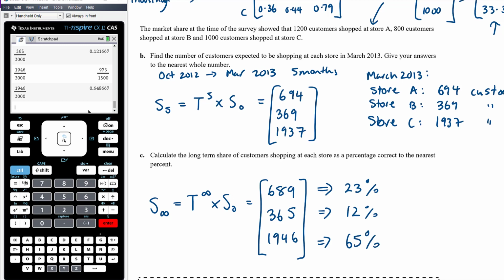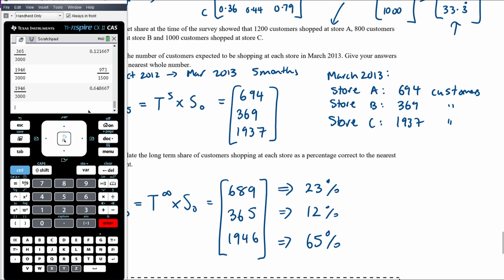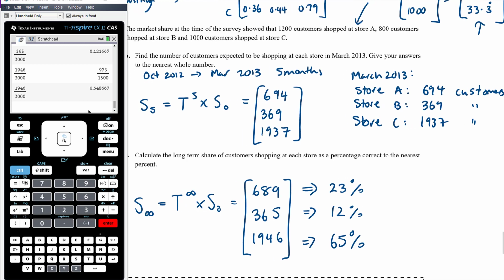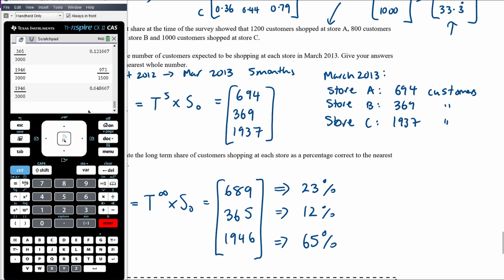Check that your percentages add up to 100, but they do. Again, you might get slight rounding issues off by 1, but in this case it adds up to 100. So the long-term share of customers at each store as a percentage is 23% at store A, 12% at store B, and 65% at store C.